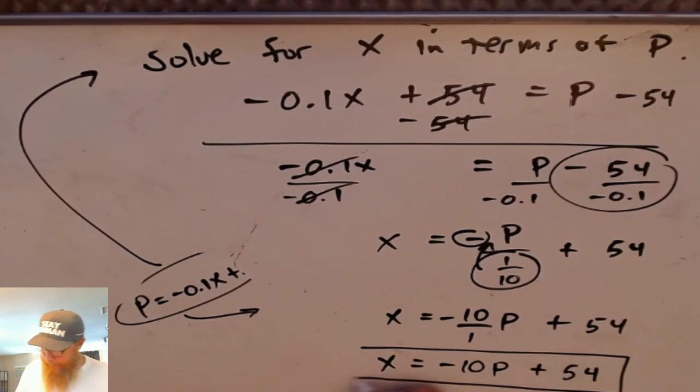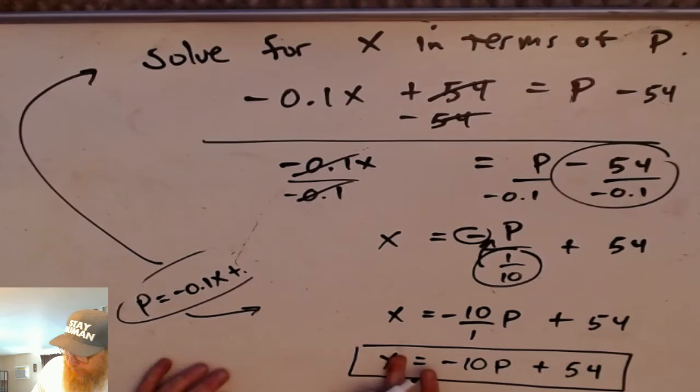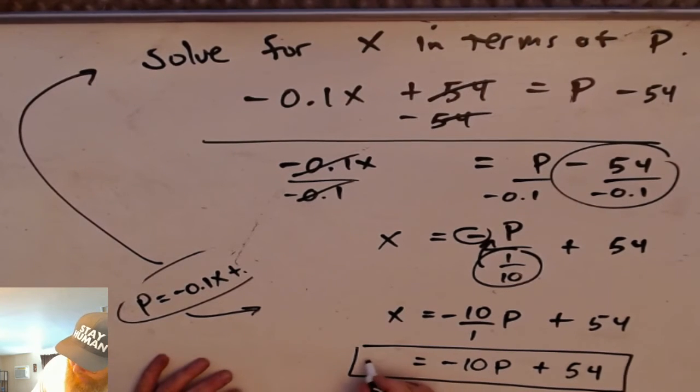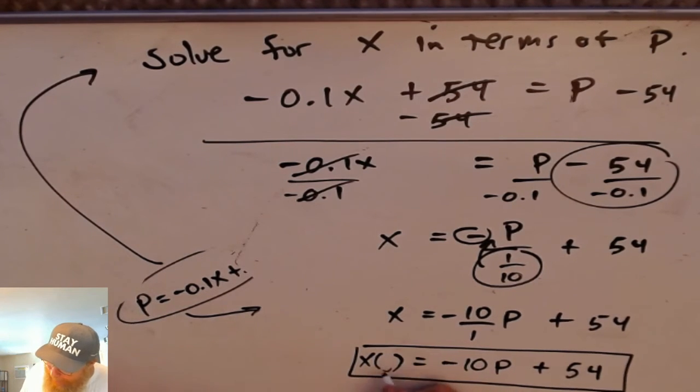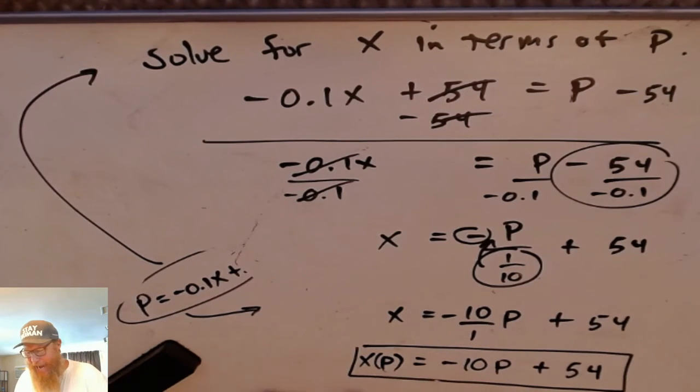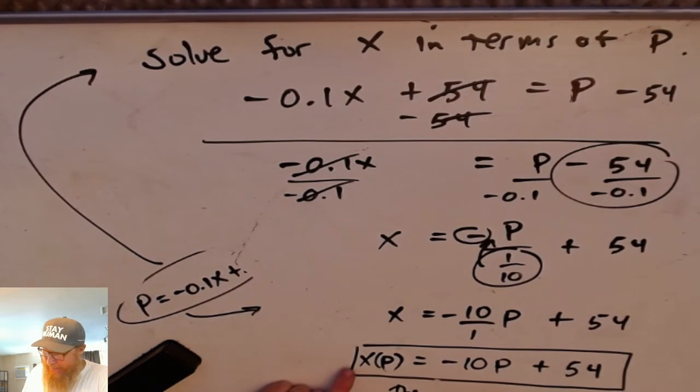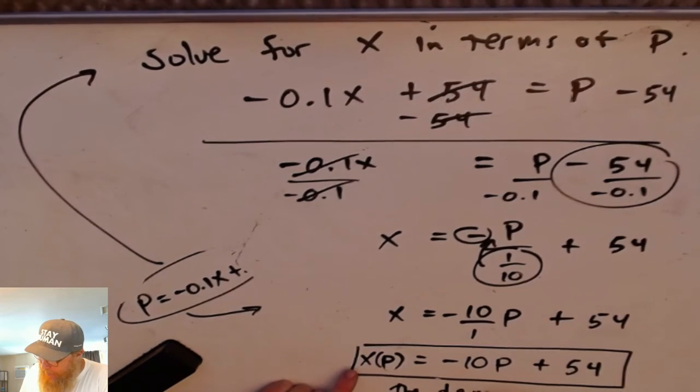This now can be written as a function. And you probably haven't seen this before. X is acting like Y, and P is acting like X. So this is called X of P. This is the demand equation.